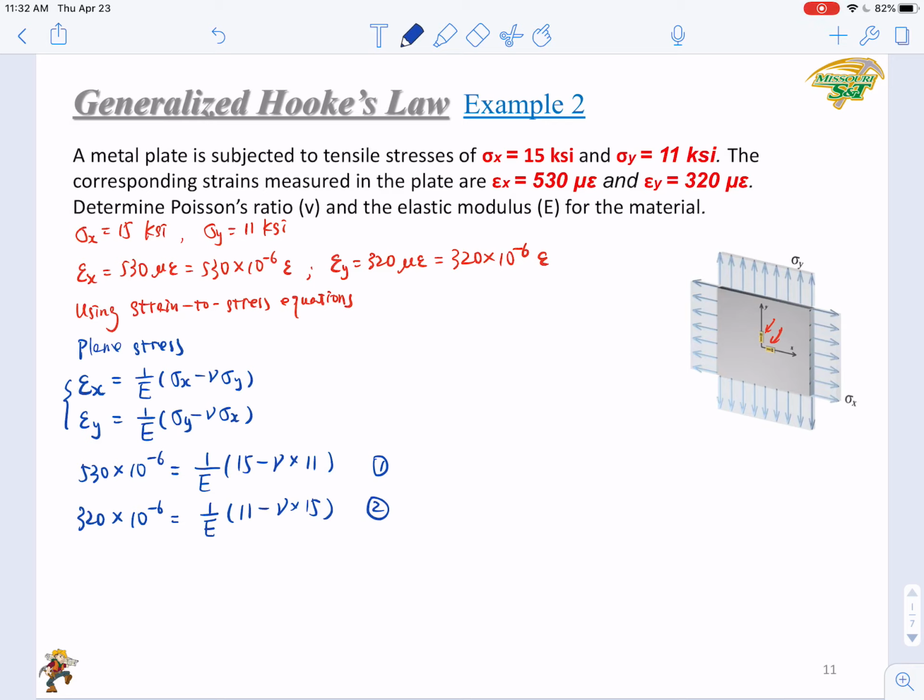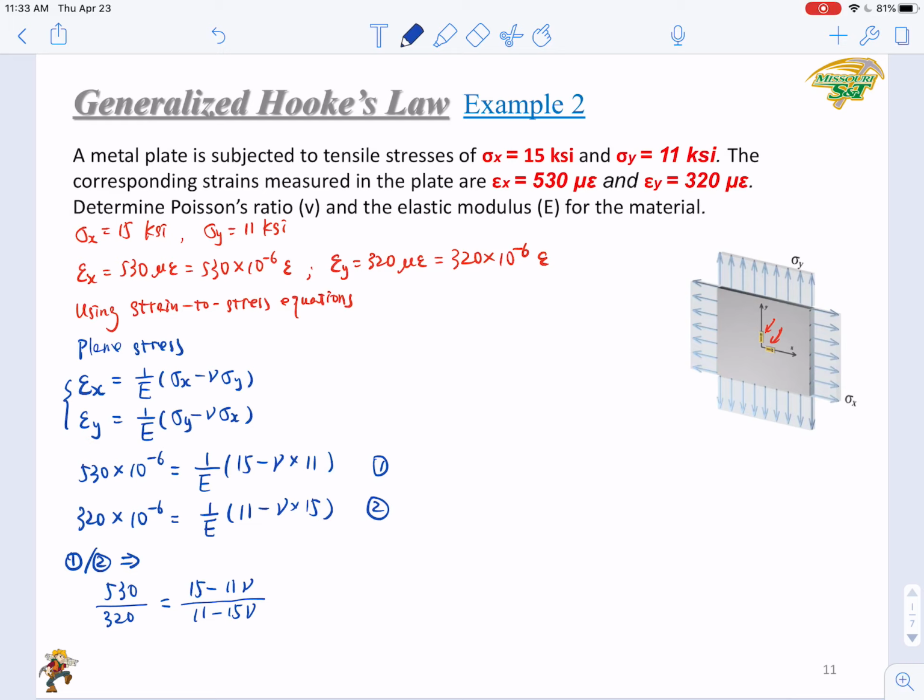Okay, if you use equation 1 divided by equation 2, let's see what you can get. You will get just 530 over 320 equals, since the 10 to the negative 6 will be gone, and 1 over E will also be gone, you will only get 15 minus 11 nu over 11 minus 15 nu.